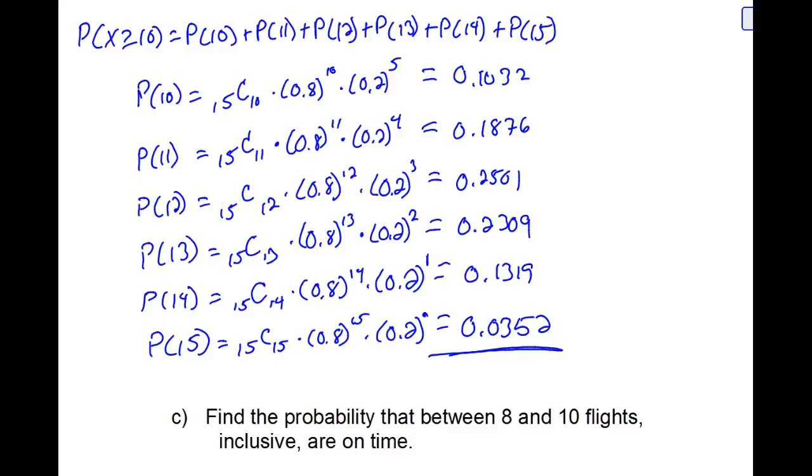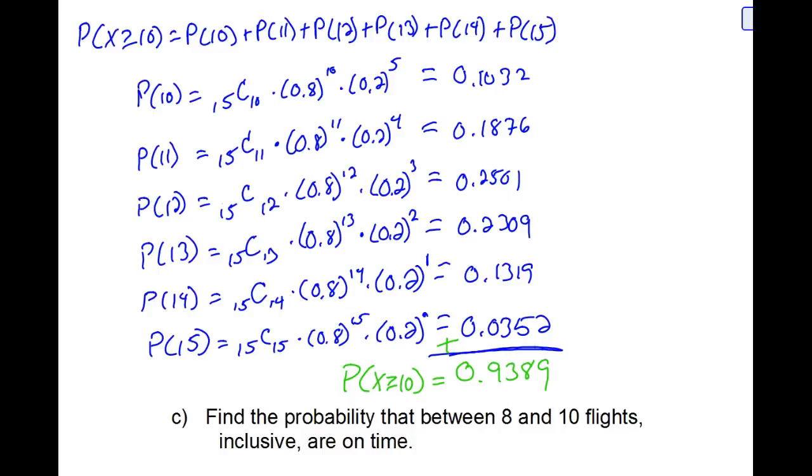And then I'm going to add those up. When I add those up, it's going to be 0.9389. Okay? And so the probability that at least 10 are on time is 0.9389.